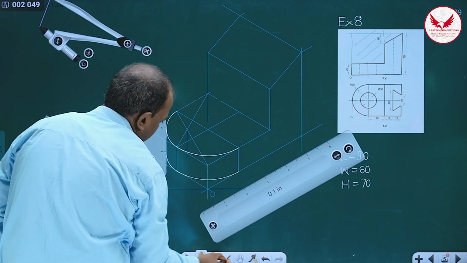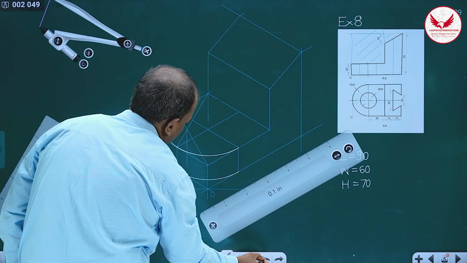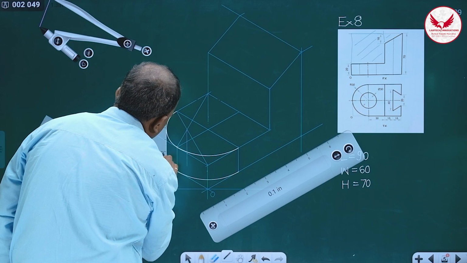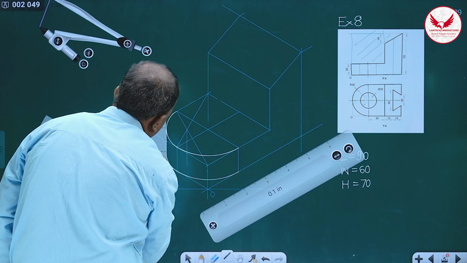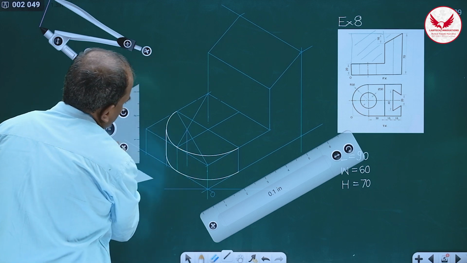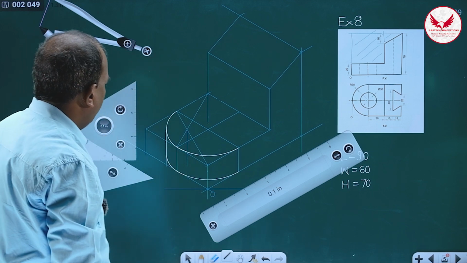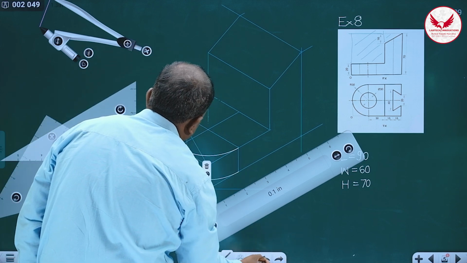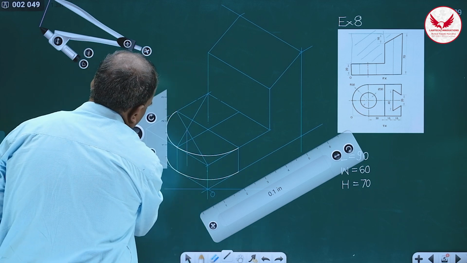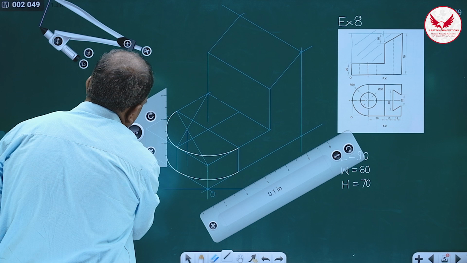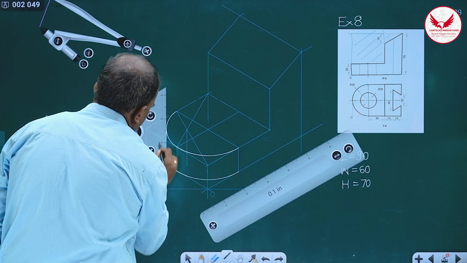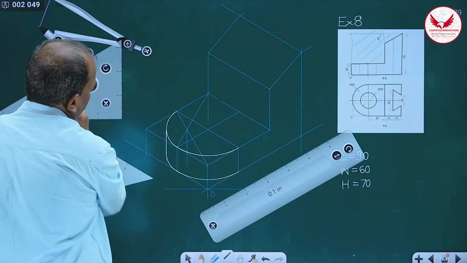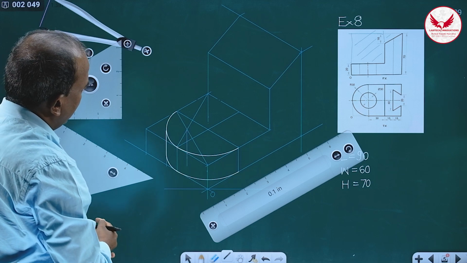From this, now we can mark this line like this. It should be perfectly tangent, so take care while drawing this. It should join perfectly. So this is the tangential line.